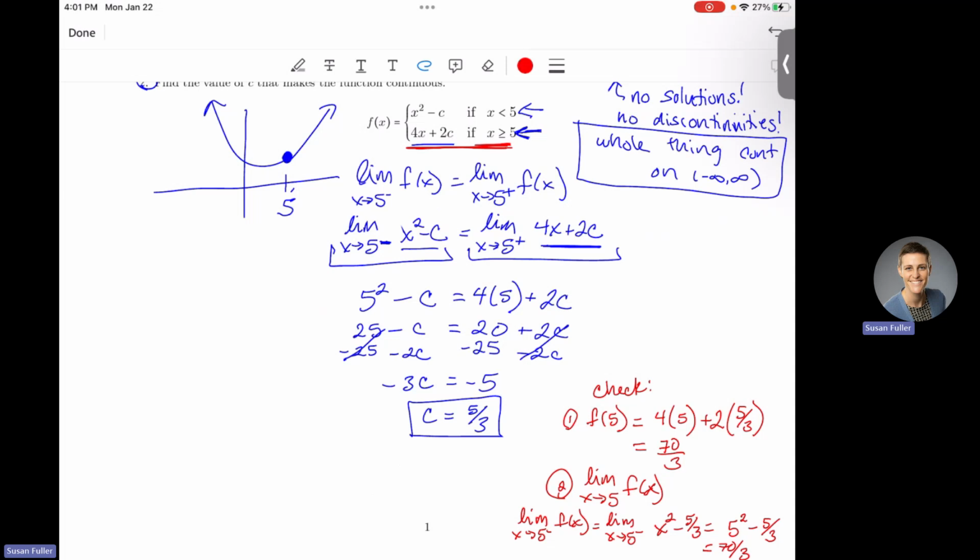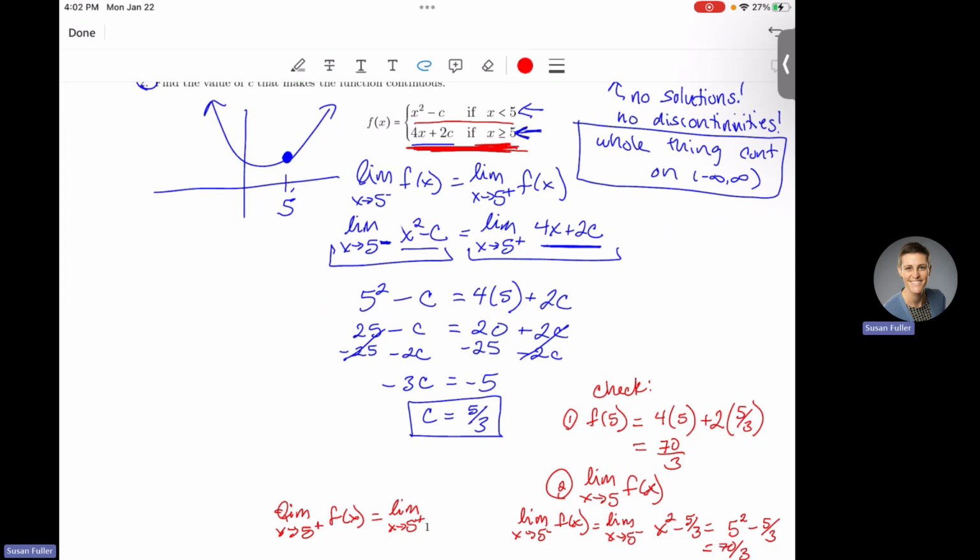Now let's check the limit as x approaches 5 from the right of my function. Well, that's going to be the limit as x approaches 5 from the right. As x approaches 5 from the right, I'm a little bit bigger than 5.